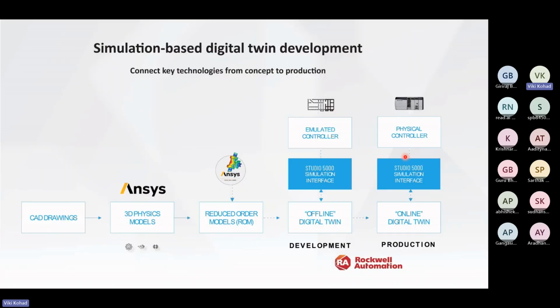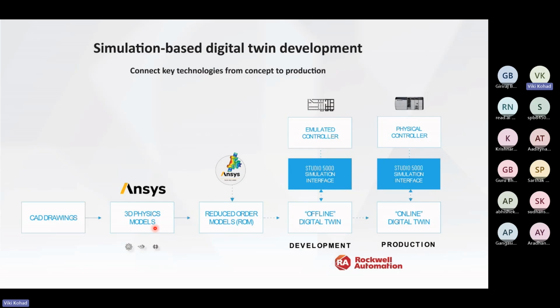Now you can see how these key technologies work from concept to production in the digital twin concept. First you have to make the CAD drawings. After the CAD drawings, you have to make your 3D physics models. A 3D physics model means you have to do physics based simulations, like structure, fluids or electronics. Then after the 3D physics models, you have to make the ROM model.